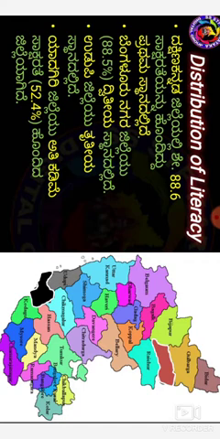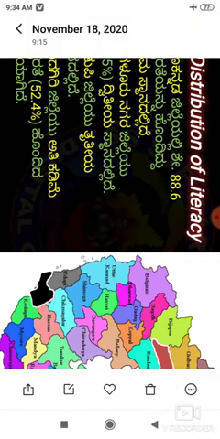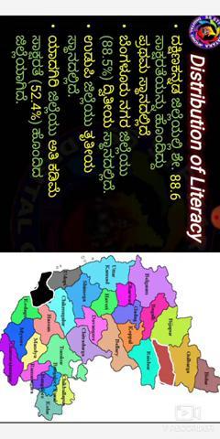And the next one, the literacy distribution. Dakshina Kannada district with 88.6 percentage occupies the first position.